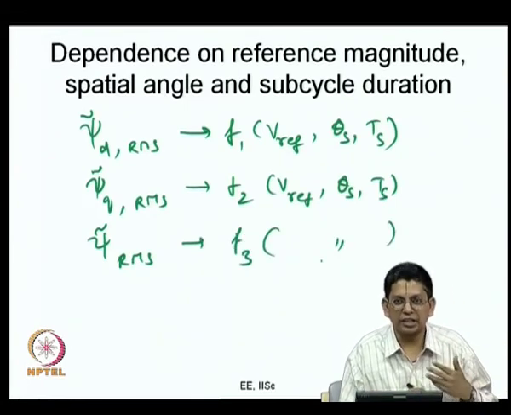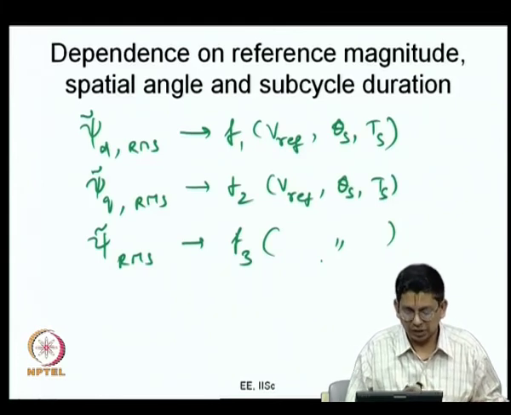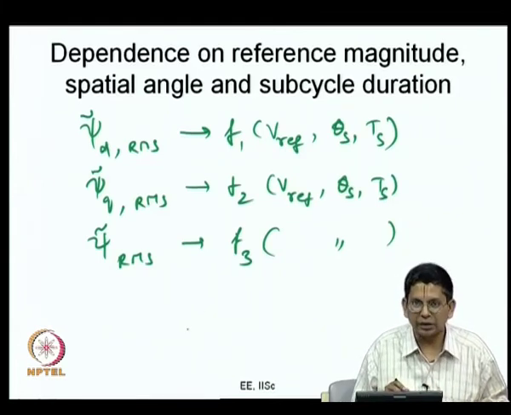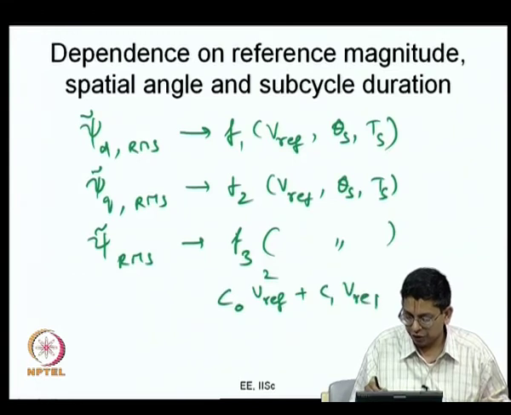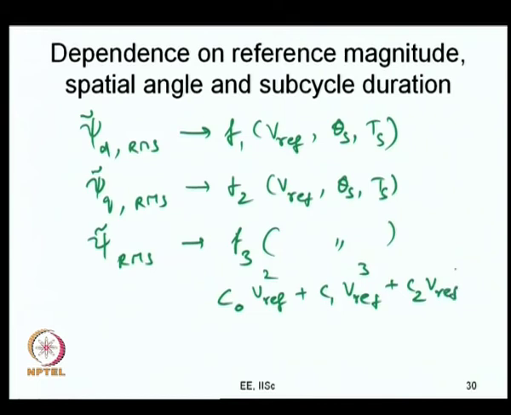This has been evaluated, and interestingly it is of the form C0 V ref squared plus C1 V ref cube plus C2 V ref power 4, the whole thing multiplied by Ts squared. So, your psi tilde RMS squared is generally of this form, where you see the dependence on Ts and so on.